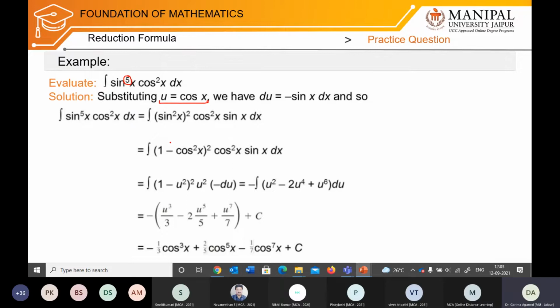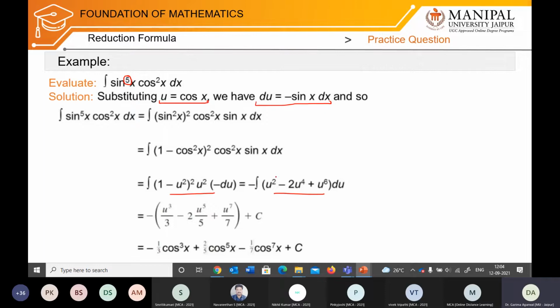And the value of du is minus sin x dx. So we'll substitute both the values in the given integral. Cos square x can be written as u square, and sin x dx can be written as du, right? So it will convert into this step.